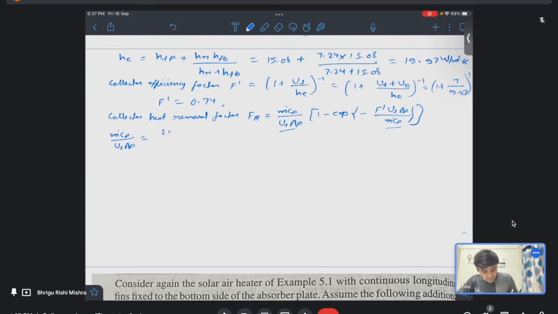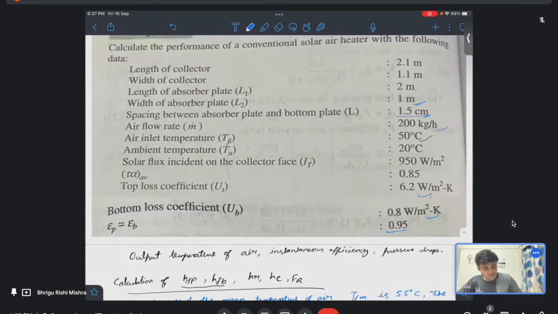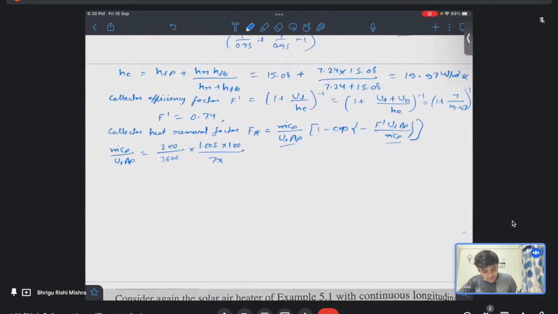So 200 is in kilogram per hour, so converting it into gram per second: 200 into 1.005 into 1000 divided by 7 into AP, the area of the absorber plate, which is given here with dimensions L1 and L2. So AP is nothing but L1 into L2, which is 1 into 2, and the value of this is 3.988.